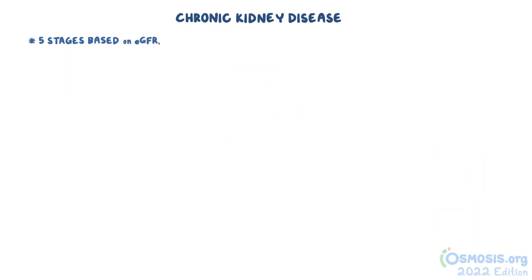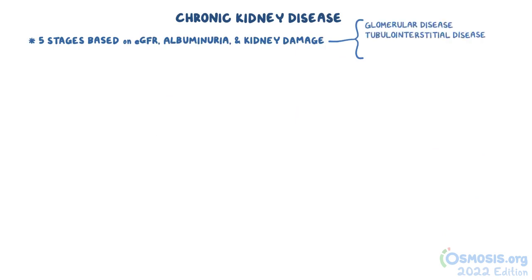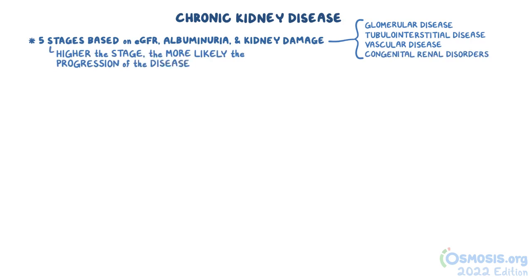Alright, as a quick recap, CKD has 5 stages based on the eGFR, albuminuria, and kidney damage, which includes pre-existing conditions like glomerular disease, tubulointerstitial disease, vascular disease, or congenital renal disorders. The higher the stage, the more likely progression of the renal disease is. The individual may have edema, oliguria, and hypertension.